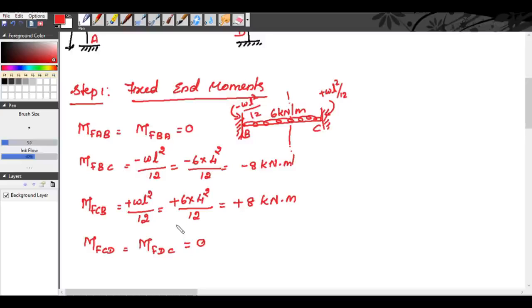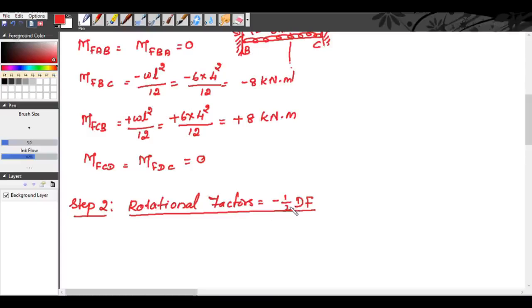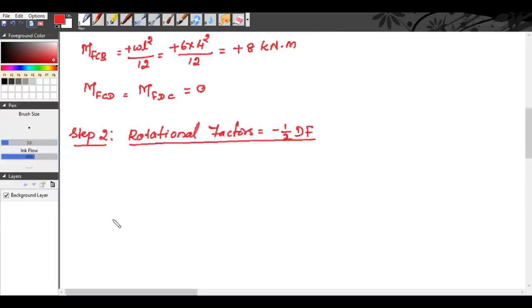We will move on to the second step, that is we have to find the rotational factors. So step 2, find the rotational factors. And we know the rotational factor is equal to minus half of the distribution factor. So for finding the distribution factors, we will consider the joints.